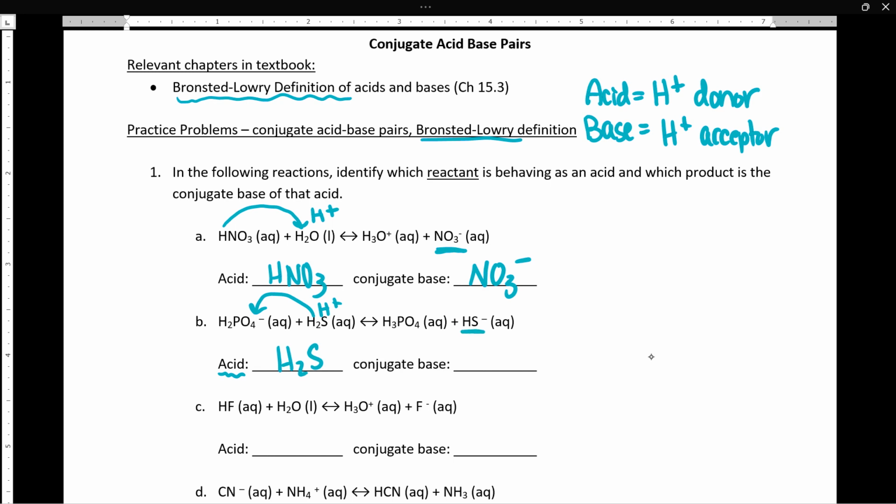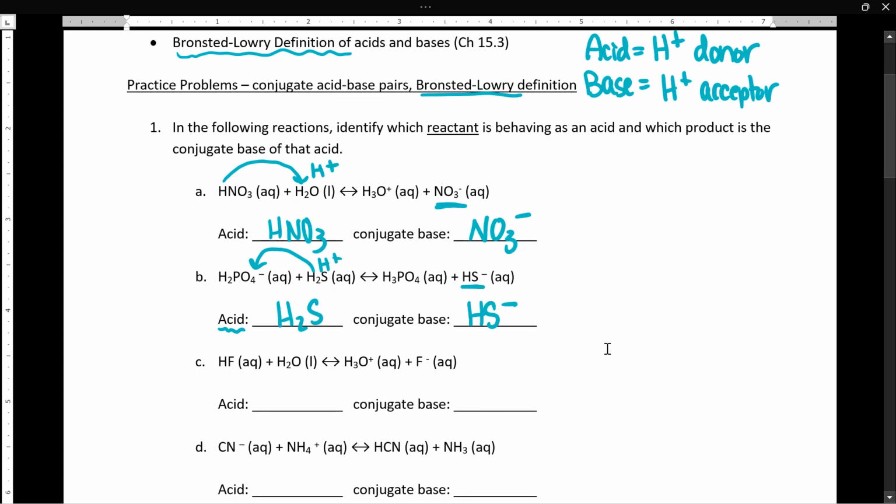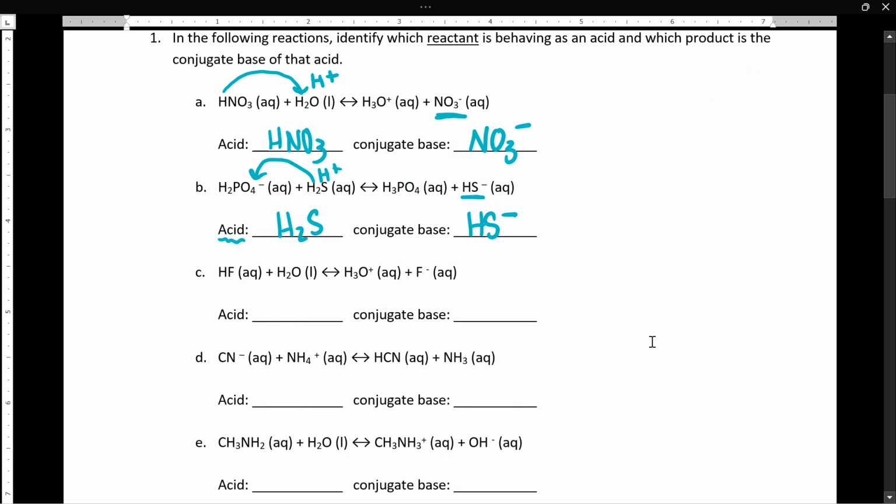What's left behind after it gives up a hydrogen, we call that the conjugate base. So HS minus is the conjugate base. Down here, who's my hydrogen giver? It looks like HF is my hydrogen giver. It is going to give a hydrogen to water. And then what's left behind after it gives that hydrogen is F minus. That is the conjugate base.